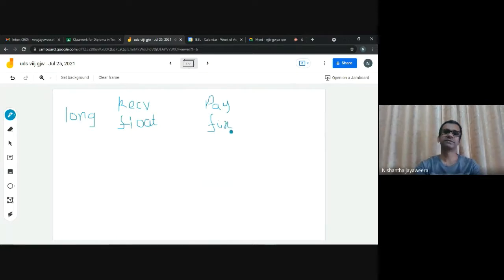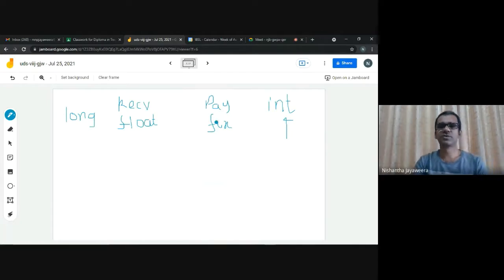What would happen in the future if interest rate goes up? Who takes the benefit? Long party or short party?